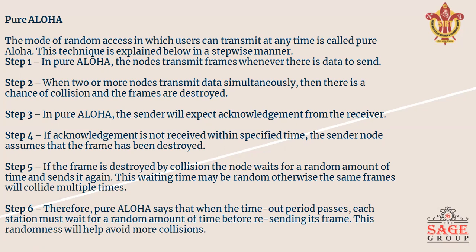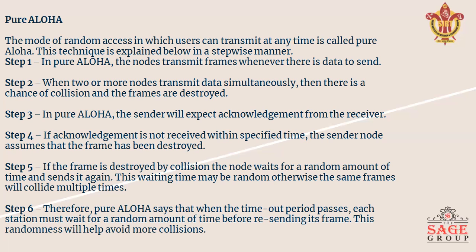Now, the third step: in pure Aloha, the sender expects an acknowledgement from the receiver. That means whenever the sender sends data to the receiver, it expects an acknowledgement from the receiver. That is the surety from the receiver side that the data has been received. Now, in step 4, if the acknowledgement is not received within a specified time, the sender node assumes that the frame has been destroyed.